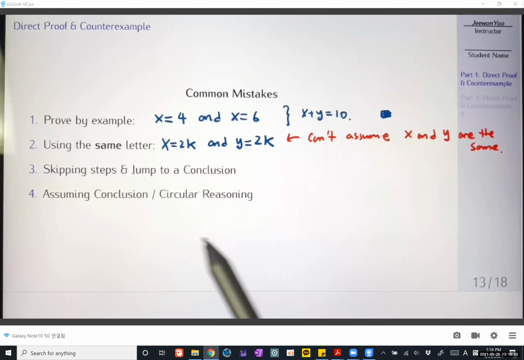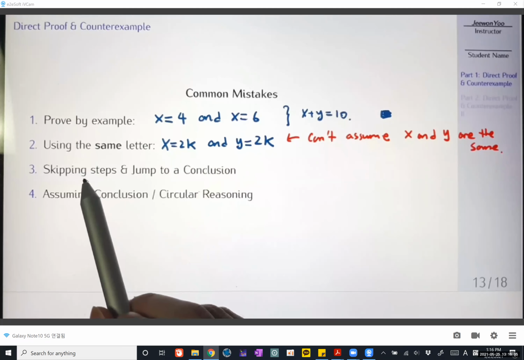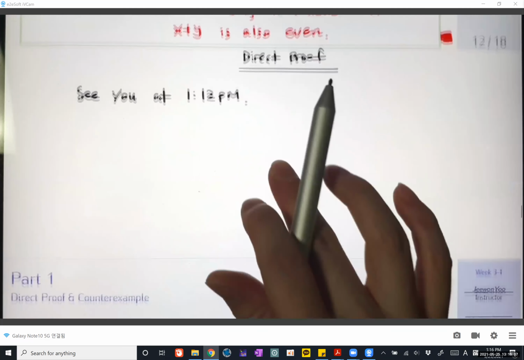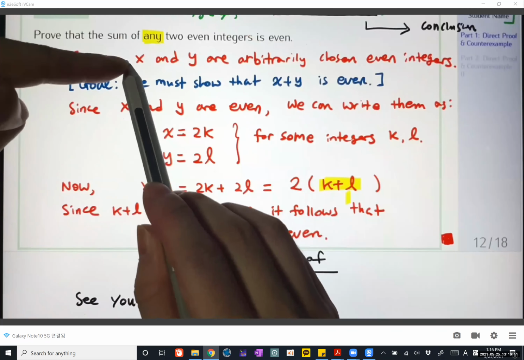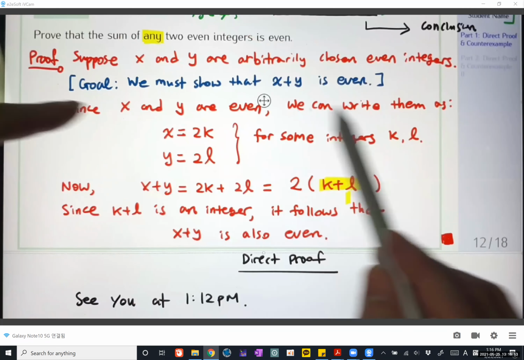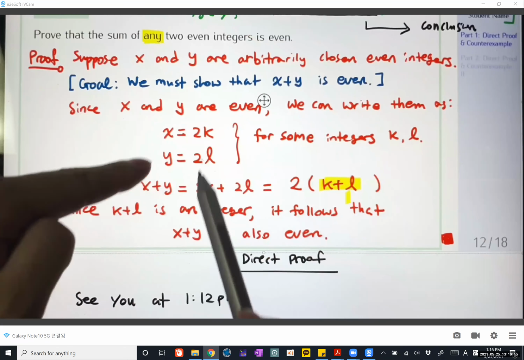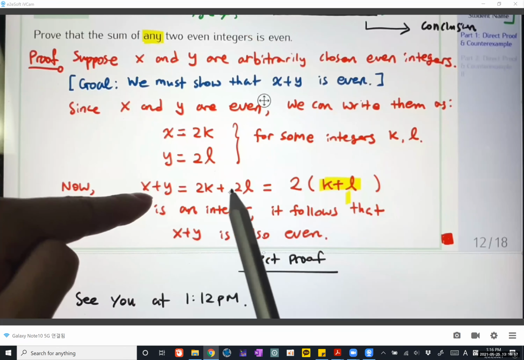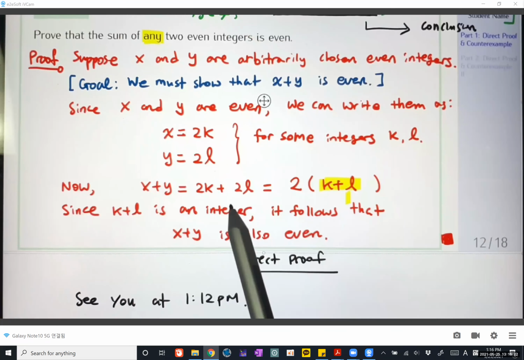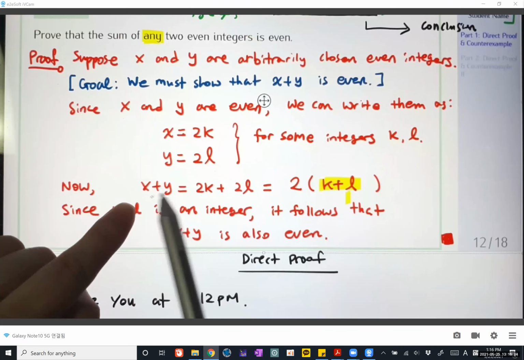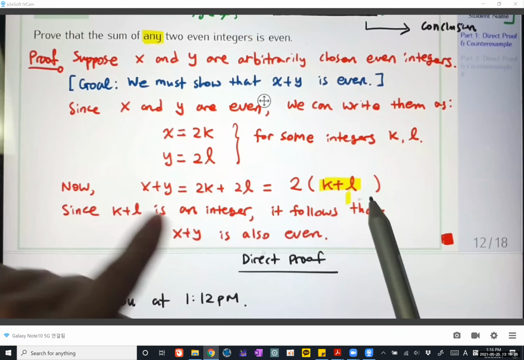Another common mistake is skipping steps. For example, people skip the first step and second step, and only write, okay, x plus y equal to 2k plus 2l, which is this. I understand your intention that x is 2k, y is 2l, so it works out that way.